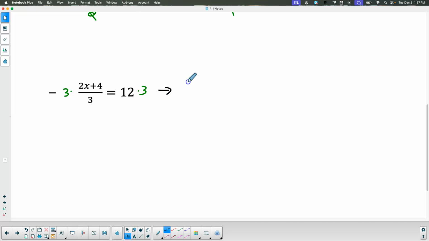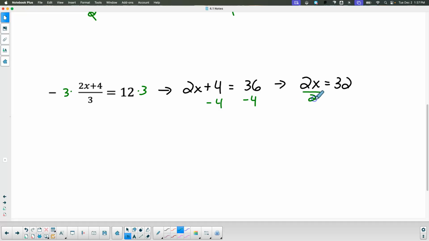Gives me 2x plus 4 equals 36. Then minus 4 on both sides. That gives me 2x equals 32. Then divide by 2 on both sides. That gives me x equals 16.